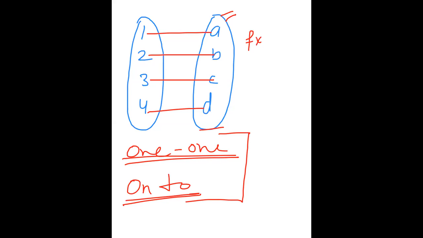If f(x1) equals f(x2) implies x1 equals x2, then only the function is said to be 1-1. Then it is said as a 1-1 relation.